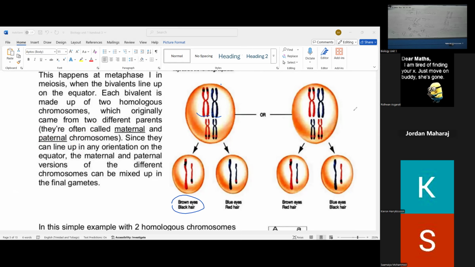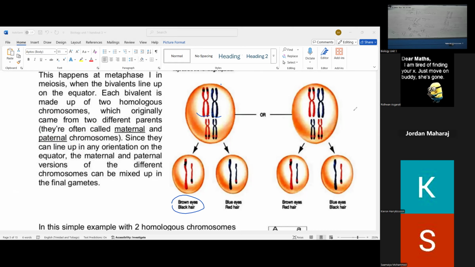So for example, say the red chromosome has the gene for brown eyes, and the blue chromosome has the gene for blue eyes. We're just thinking about eyes for now. What will happen is, based on how it crosses over and how the chromosomes are split apart, that will determine the genetic characteristics for that cell.